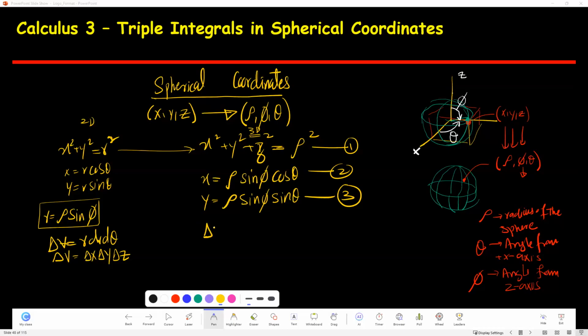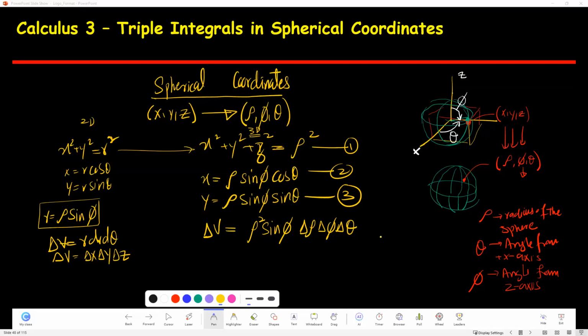Here we're going to say delta V equals rho squared sine phi. Rho squared sine phi is a common factor, and we write it just like we used to write r. Then we write the three differential elements, which are delta rho, delta phi, delta theta.